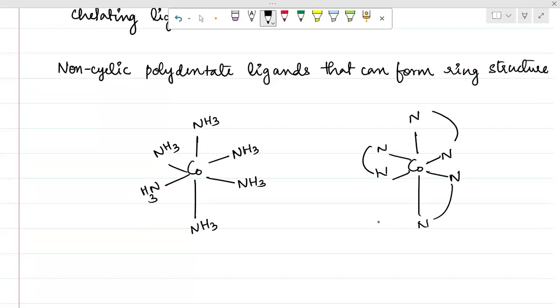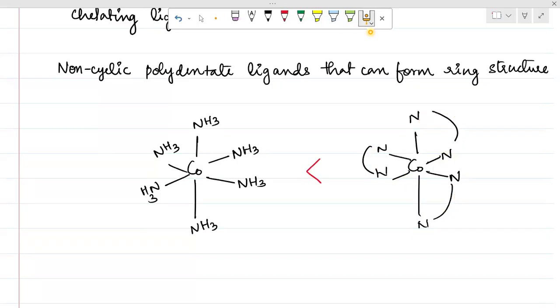Here there is a ring structure, here there is no ring structure. If they ask you to compare the stabilities, in both cases the donor atoms are nitrogens, but the stability of the chelating ligands is always higher than that of the non-chelating ones. This is a typical example of a ligand which forms a ring. Can you see, there is a ring formed.